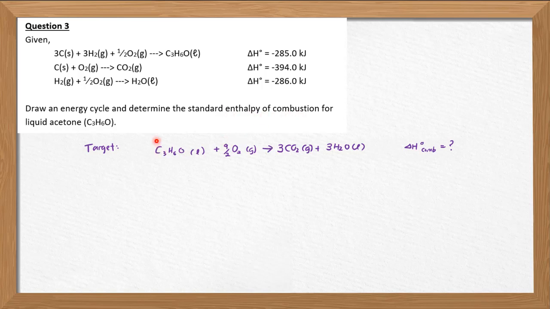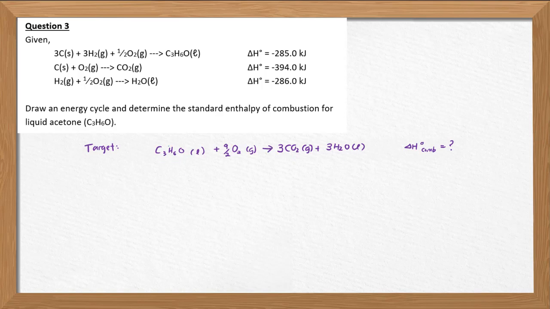When 1 mole of C3H6O is combusted, heat is released. So the following equation you need to complete: plus O2, and the products are carbon dioxide and H2O, and then balance your equation. So you can start off using this target equation.